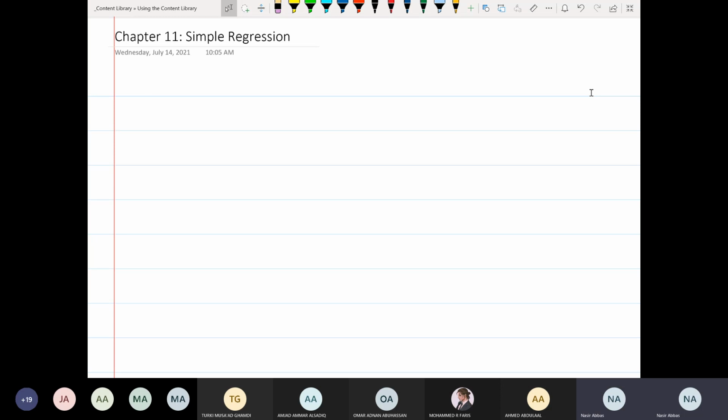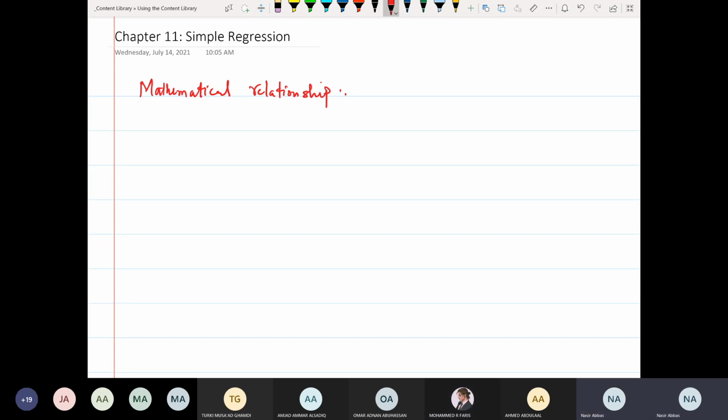Okay, let us discuss something general. I'll not go into the specific details of regression. What is a mathematical relationship?